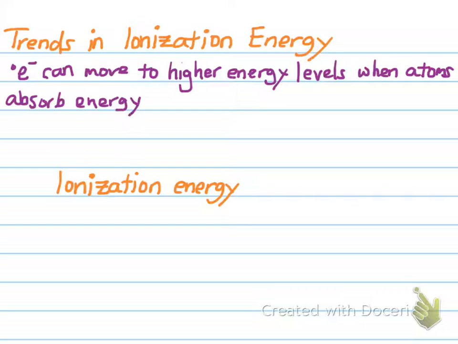So remember, we talked about this when we talked about the emission spectrum of atoms, that what was happening is those electrons in the atoms get excited, they jump to a higher energy level. They're unstable there, they fall back down to a lower energy level, and they release energy in the form of light when that happens. So you already know that it's possible that an electron can move to a higher energy level when that electron absorbs energy and that atom absorbs energy.